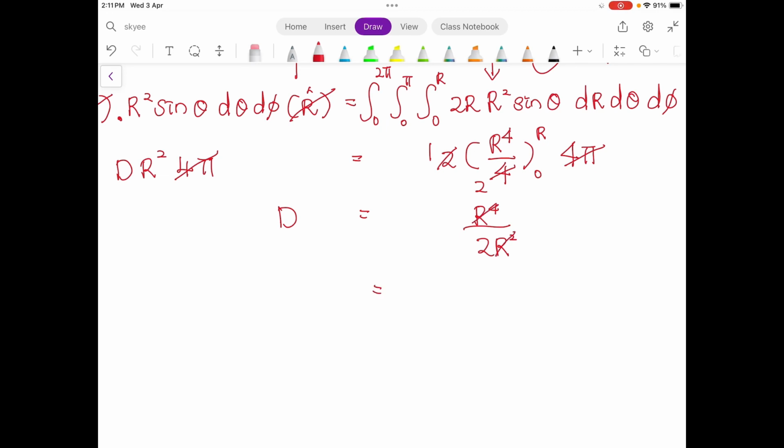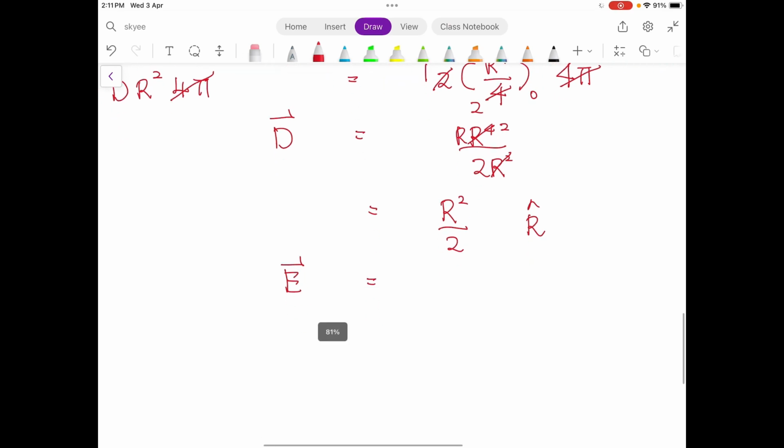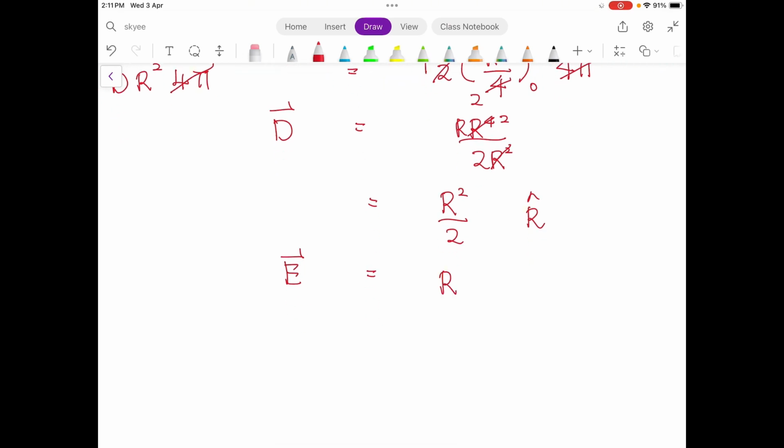So here you have r power 2 over 2, and your E, you can put the direction, will become r squared over 2 epsilon naught in the r direction.